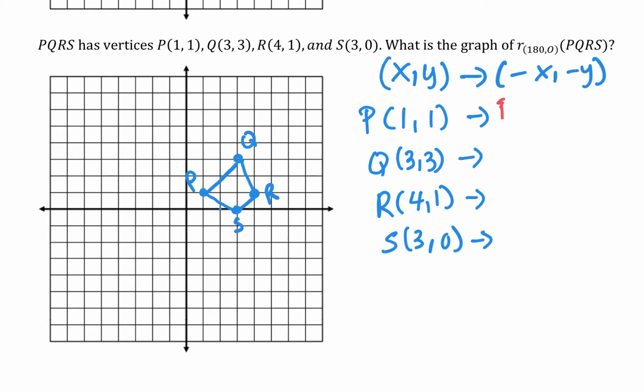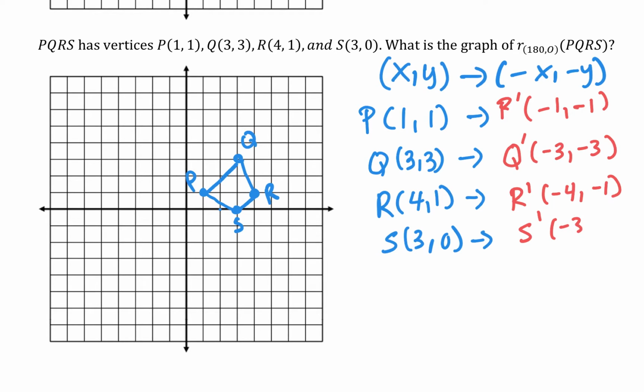So now we're doing 180 degree rotation, so it's going to be -1, -1. Q prime will be -3, -3. R prime will be -4, -1. And S prime will be -3, 0.